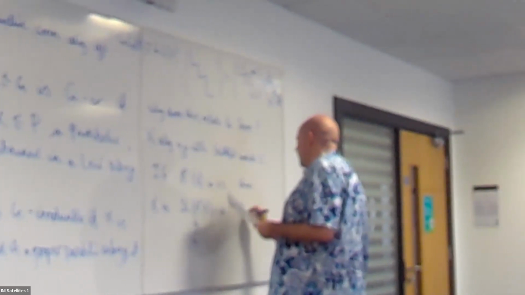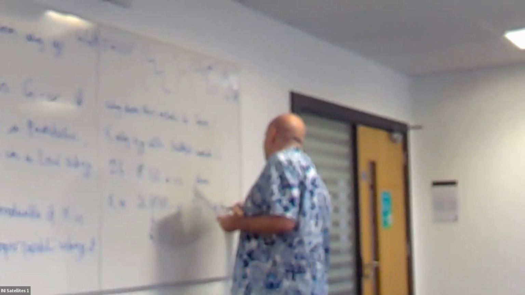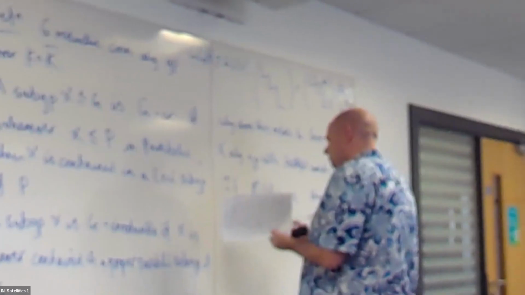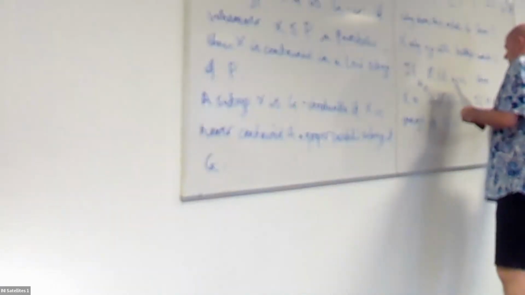And then if you let H be the image of SL(V) into SL(wedge square of V).